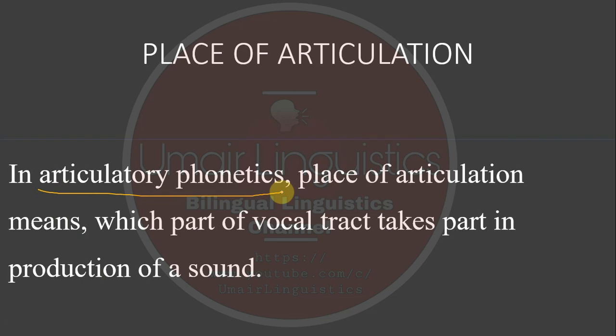Whenever we produce sound, our mouth takes a certain position and our articulators move and touch at certain places in the mouth. Sometimes the teeth, sometimes the lips, sometimes the palate, sometimes the velum is involved.